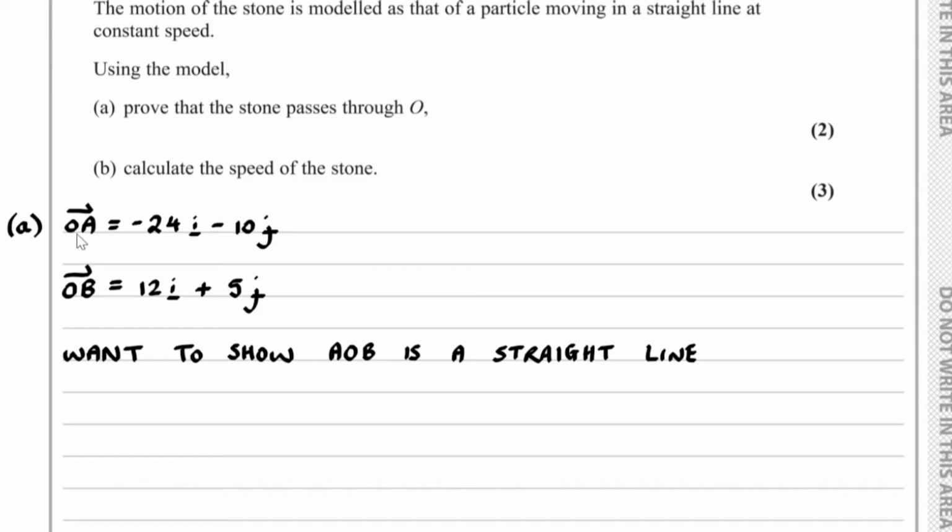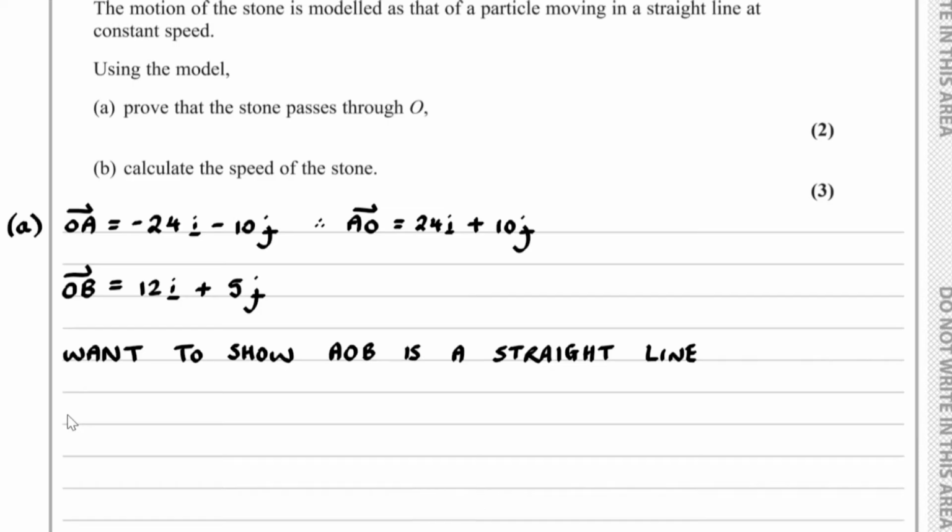So if we know that OA is minus 24i minus 10j, we can therefore conclude AO is equal to the negative of this, 24i plus 10j. And in order to show that AOB is a straight line, we need to show that AO is a multiple of AB.